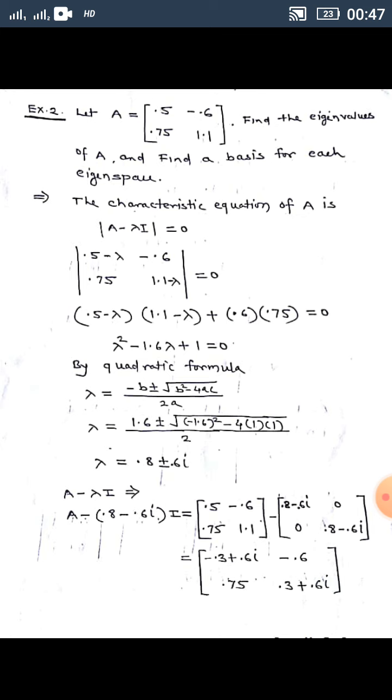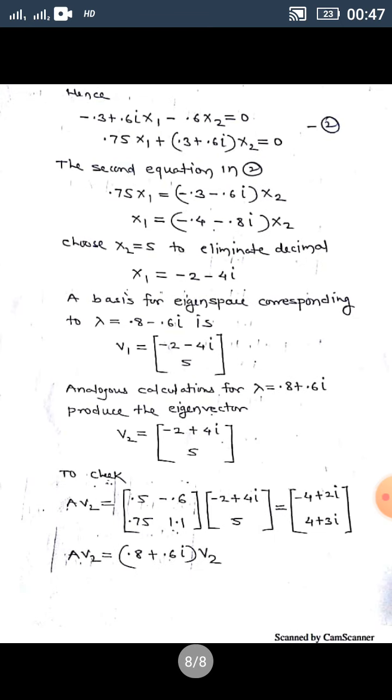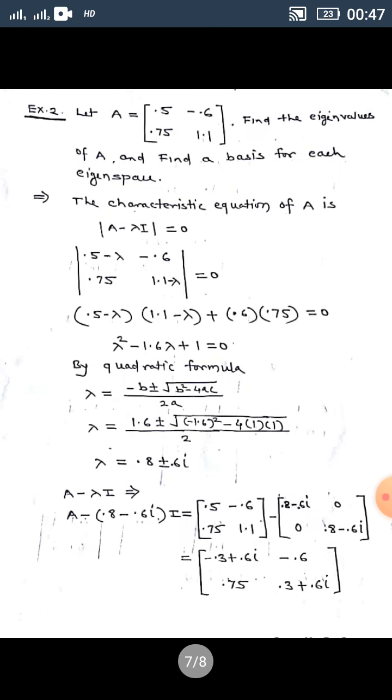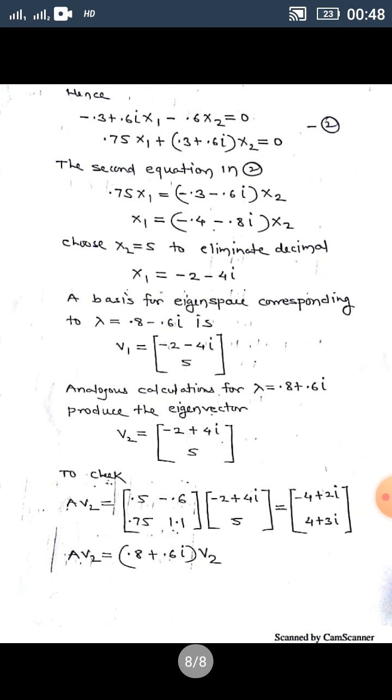Now we subtract: 0.5 minus 0.8 is minus 0.3, minus of minus plus 0.6i, minus 0.6 as it is, 0.75 as it is, 1.1 minus 0.8 is 0.3, minus of minus plus 0.6i. Here we cannot apply the row reduced echelon form.